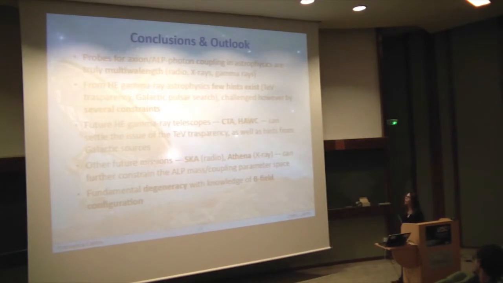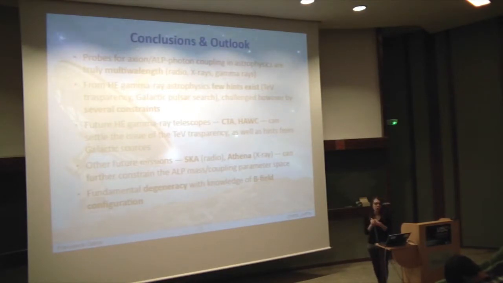What I wanted to convey here is that you can really use multi-wavelength observations to probe the coupling of axion-like particles with the photon, and that you can get some hints from these very high energy observations that are anyhow challenged by several constraints.